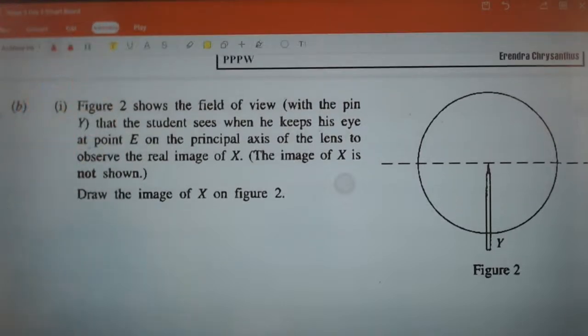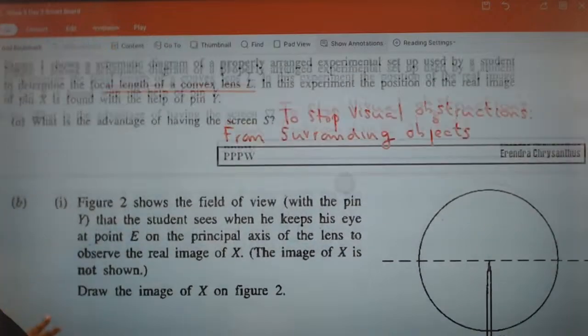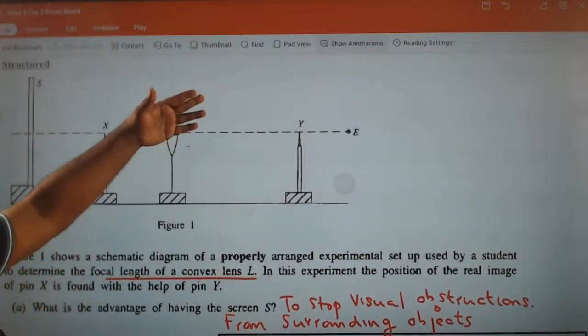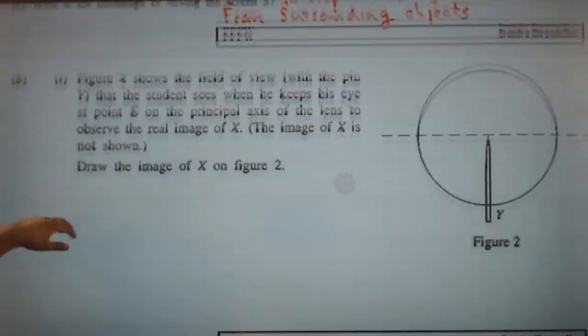Figure 2 shows the field of view with pin Y that the student sees when keeping his eye at point E on the principal axis, observing the real image. Now, if this is the object, you see a real inverted magnified image.